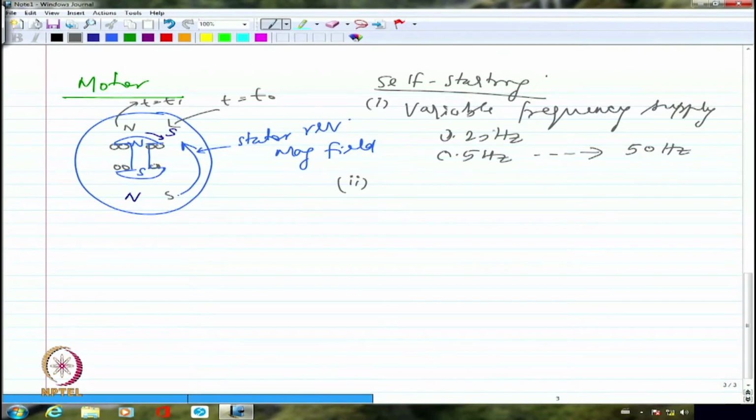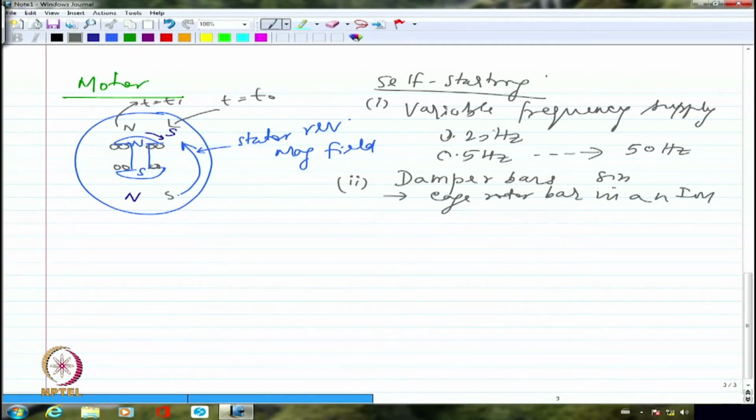Those bars are very similar to the rotor bars of the squirrel cage. And those bars are again going to be short circuited, maybe with the help of an end ring, or you simply put a copper conductor which is going to short circuit all the bars which are being used. Those bars are generally known as damper bars. So damper bars are basically similar to cage rotor bars in an induction motor.